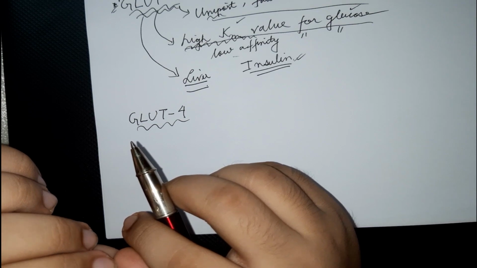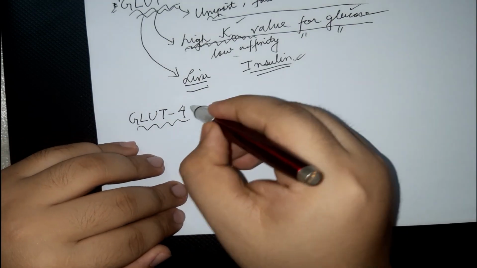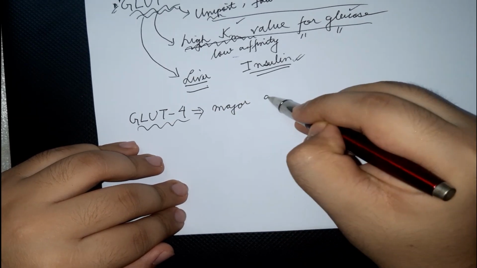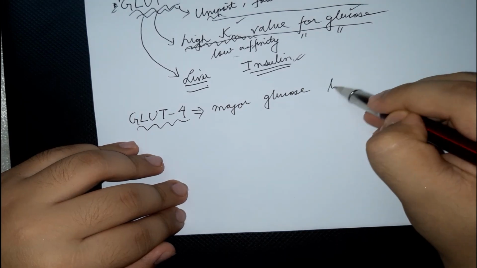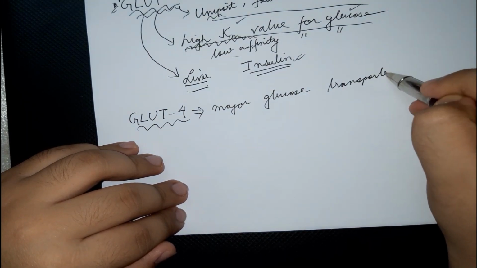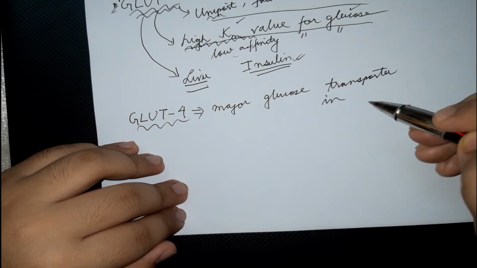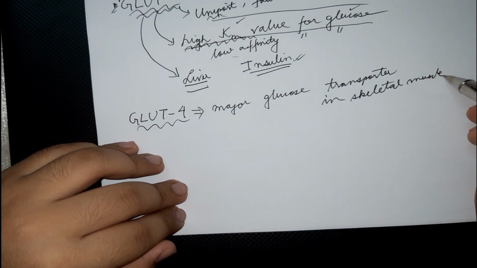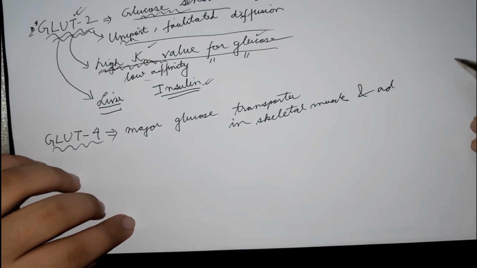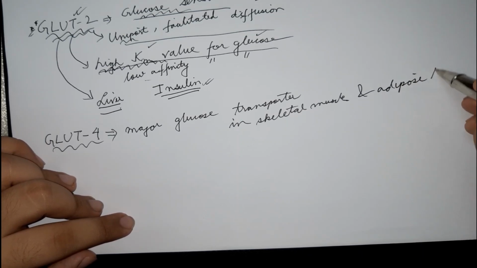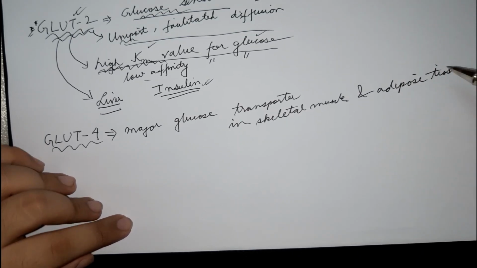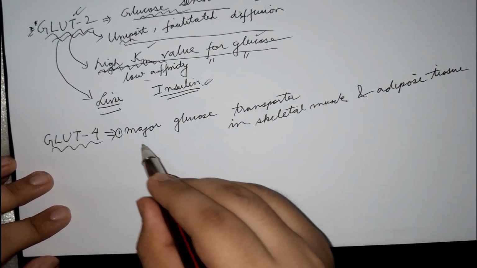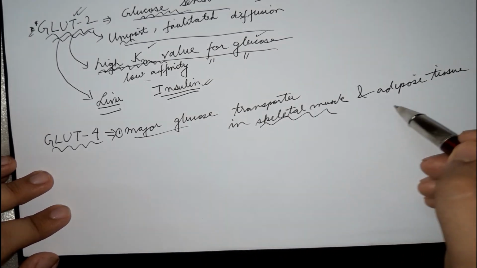Glucose transporter 4 is the major glucose transporter in the skeletal muscle and adipose tissue. So this is the first uniqueness of GLUT4: it is the major glucose transporter in the skeletal muscle and adipose tissue.